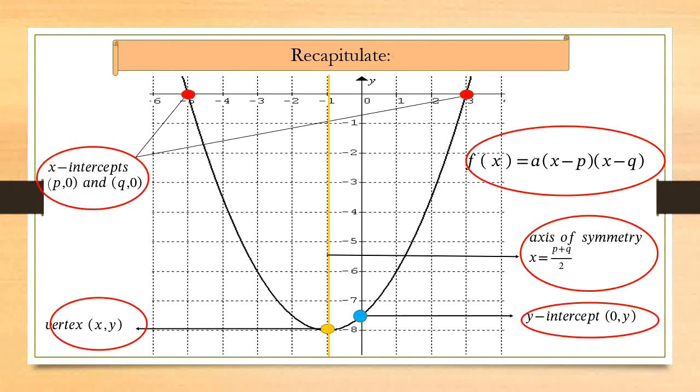Most importantly, you should know how to find the vertex. And you should know how to find the y-intercept. And you should not be forgetting the quadratic function in the factored form.